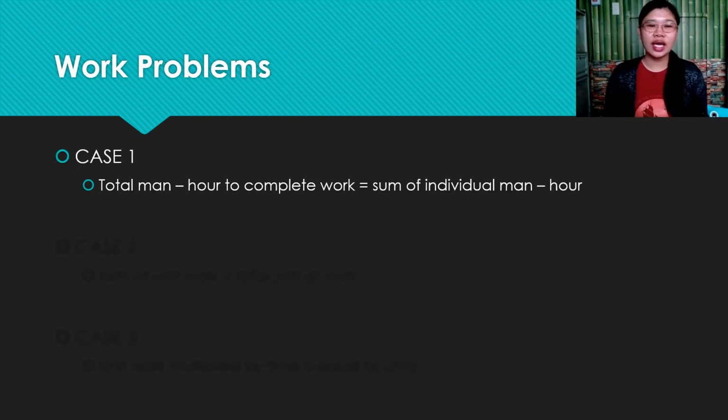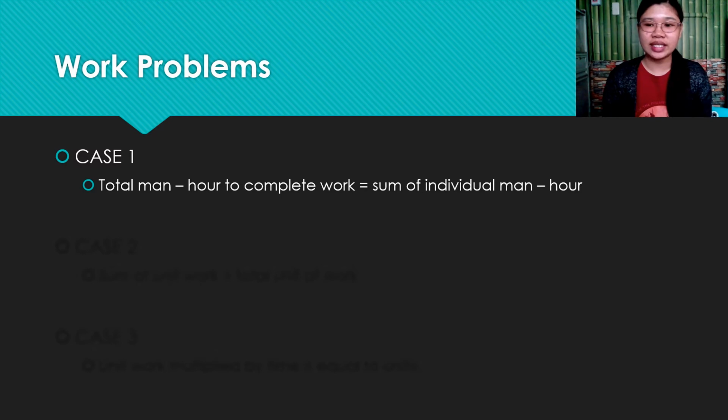So next, the application of algebra that we have here is work problems. I will be providing you 3 different cases which can be the basis in making equations of work problems. So I hope this will help you.